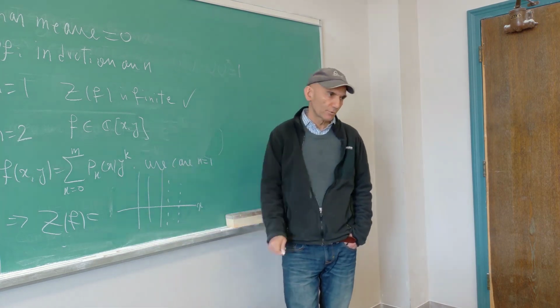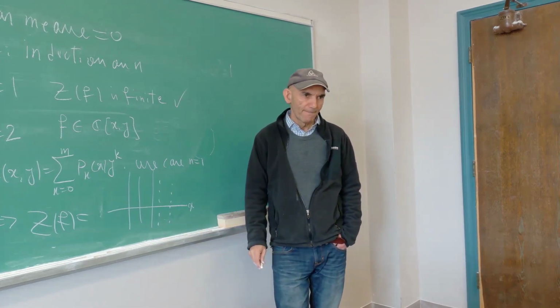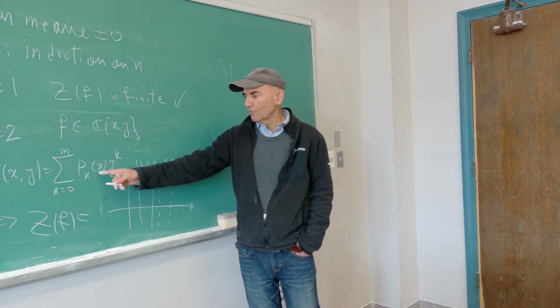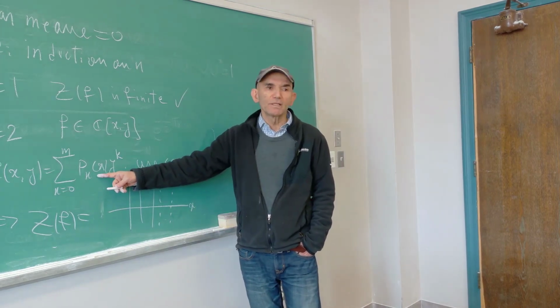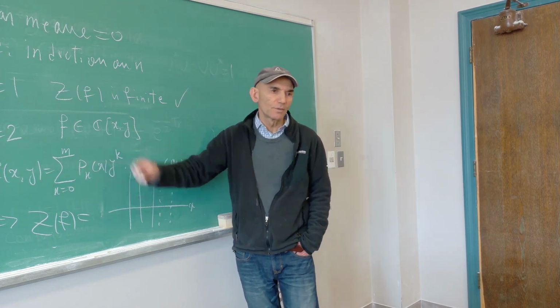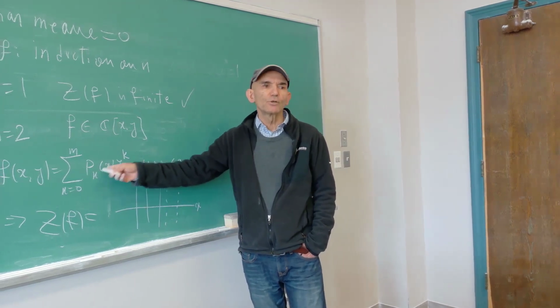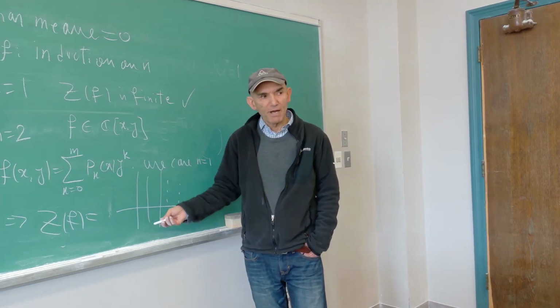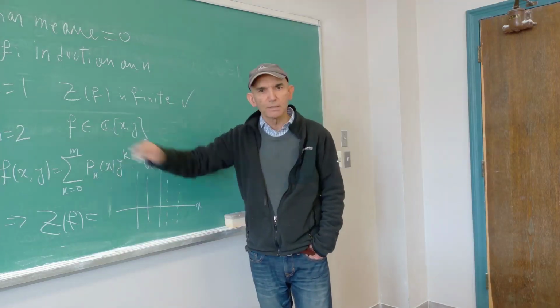For this, if all of the p_k have to be 0, then that's a finite set, and otherwise one of them is non-zero. So you basically freeze the variable x, and then you argue using n equal to 1.